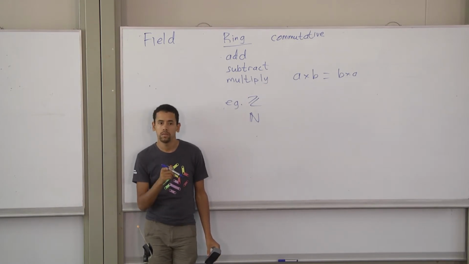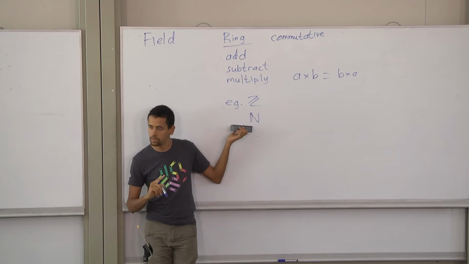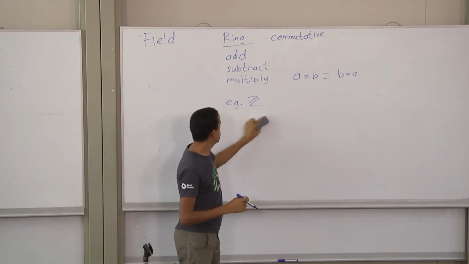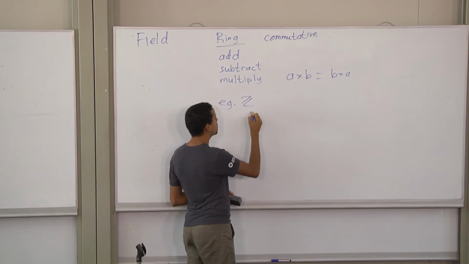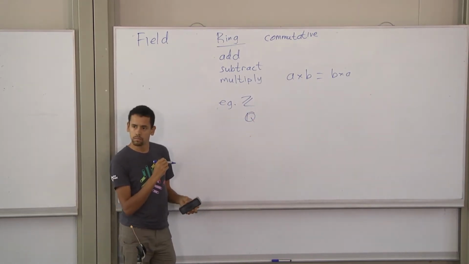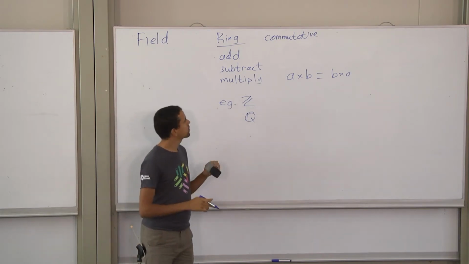Yes? No? No, it is not a ring, because when you subtract two natural numbers, it doesn't stay a natural number. Well, not all the time. So that is not an example. How about the rational numbers? Is that a ring? Yes, you can add, subtract, multiply, it's all still good.